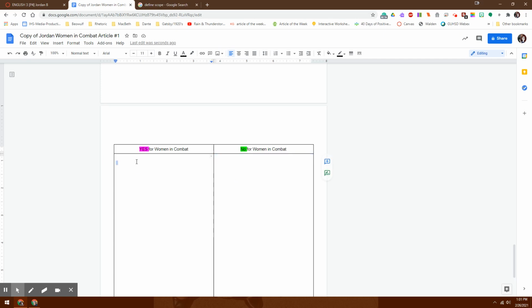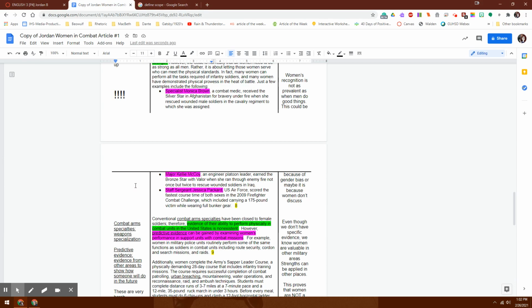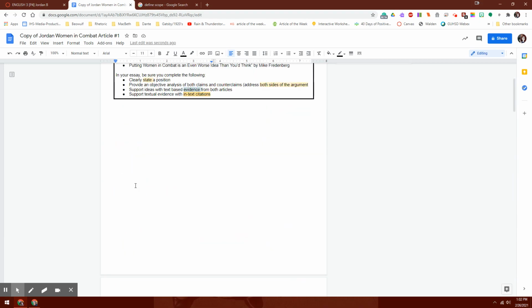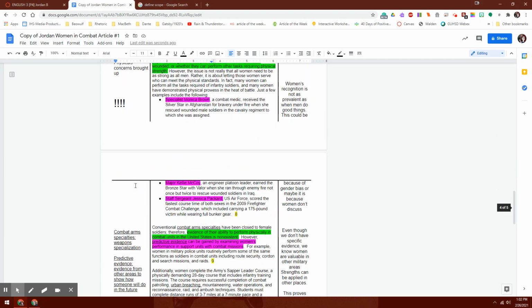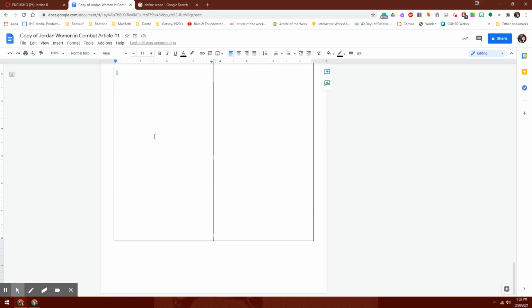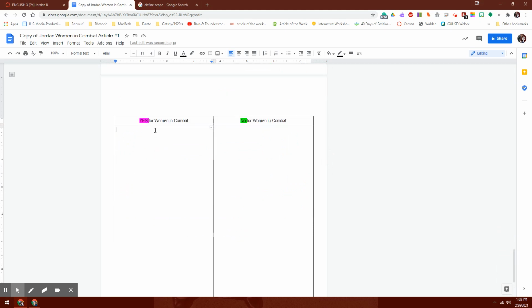And we're just going to list ideas of why they should or should not based on what we've learned in the article. So for yes, we have tons and tons of yes. But one of the first things I'm going to do is think, what was the biggest reason? And I think that was because it will strengthen the military with different skills.